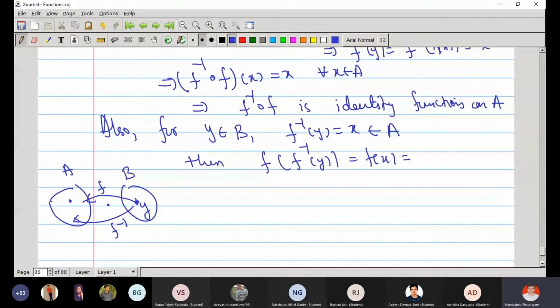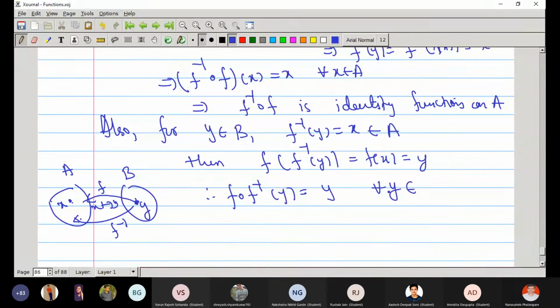Already we know that y is the image of some x when I am defining the inverse function. So f inverse of y is x, and f of x is y, and this is true. Therefore, f composite f inverse of y is equal to y for every y in what? B.